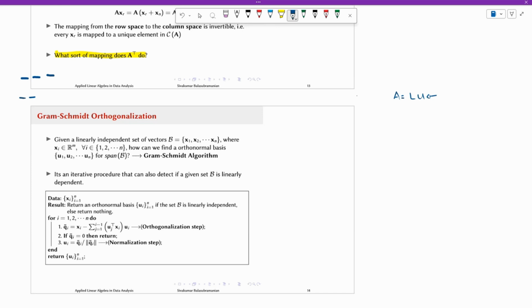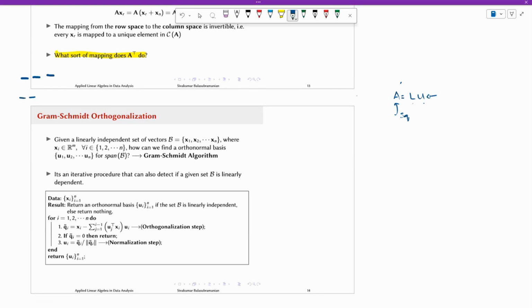Triangular. What I meant was, what is the condition on A? So we are saying A can be written as LU. I'm asking what is the condition on A for you to be able to express A equals LU. Right?